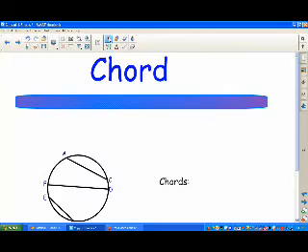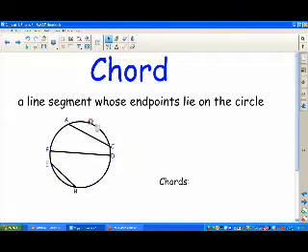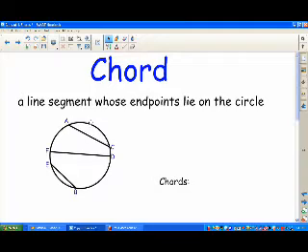All right, next term is called a chord. This one you might not have seen before. I know it looks like chord, but that's not how it's pronounced. It's pronounced chord. And it's just a line segment whose endpoints lie on the circle. Okay, so for example, all of these are chords. Segment AC, segment FD, segment EB.